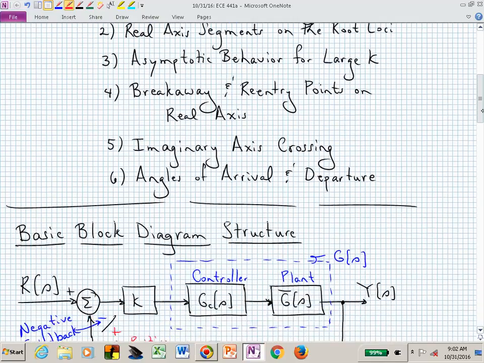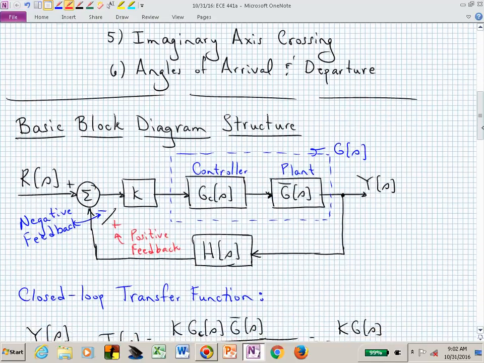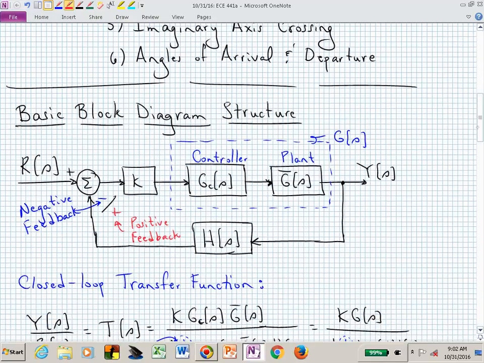As a review, here is our conventional or generic block diagram. We have a controller and we have a plant, and that combination, a lot of times we may just collect into one transfer function in the upper path, which we will call G of S. What we are adjusting is this K, and that's the knob that we will be manipulating from 0 up to infinity.